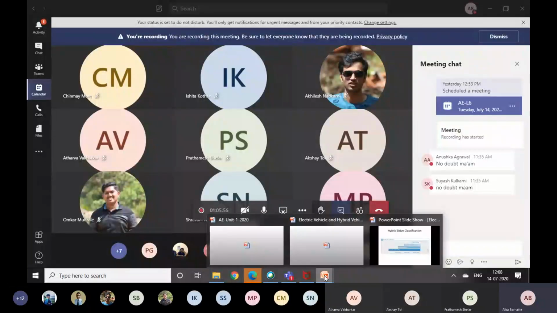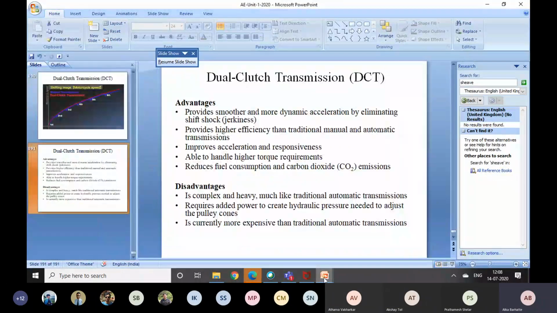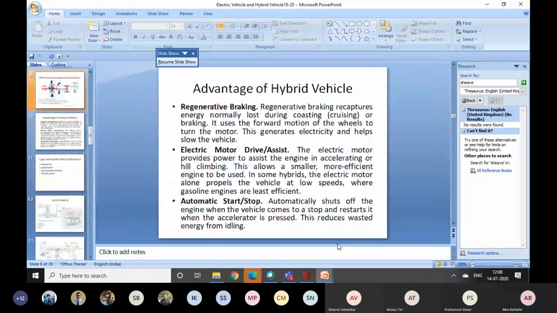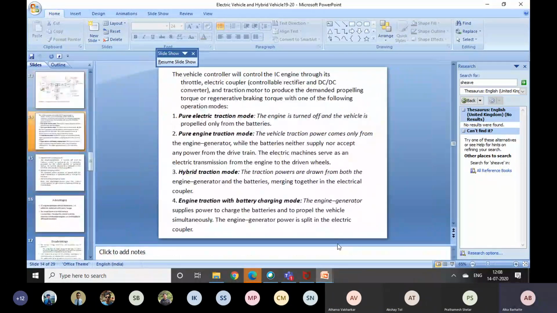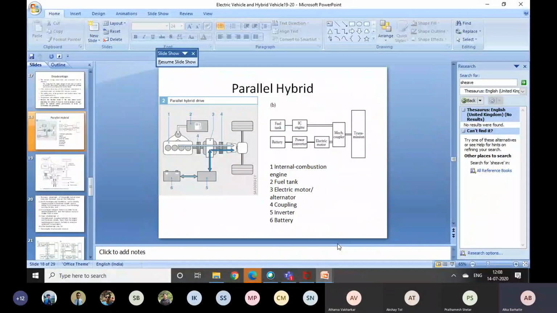Now we are left with only 5 minutes, so we will continue the electric vehicle block diagram and drive system discussion tomorrow, and I'll also start your second unit. Today I'll upload all these PPTs on this team.